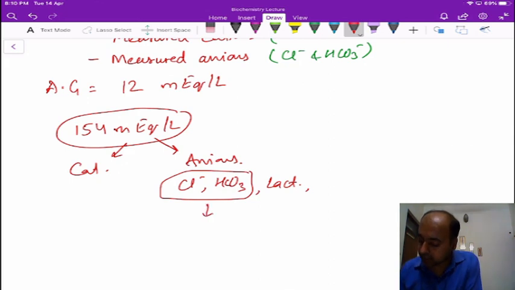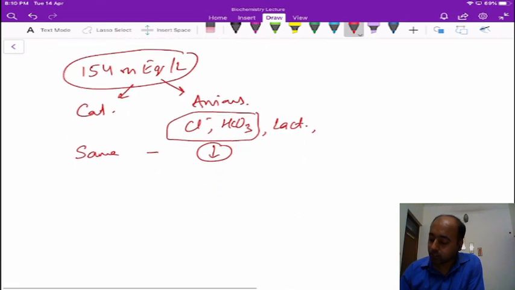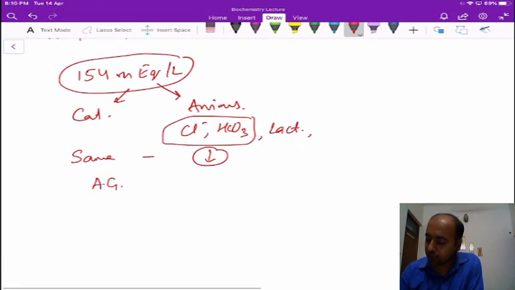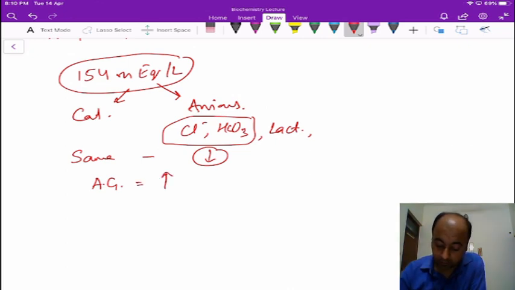The measured cations is the same, but the measured anions has decreased. In that case, what will happen to the anion gap? Anion gap will increase.